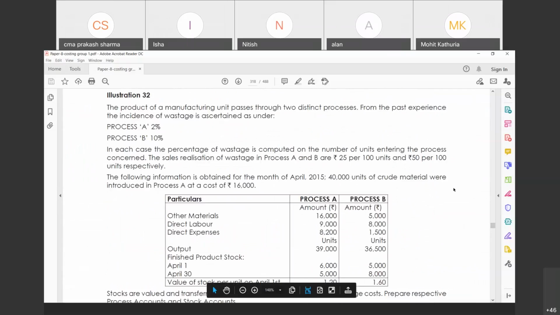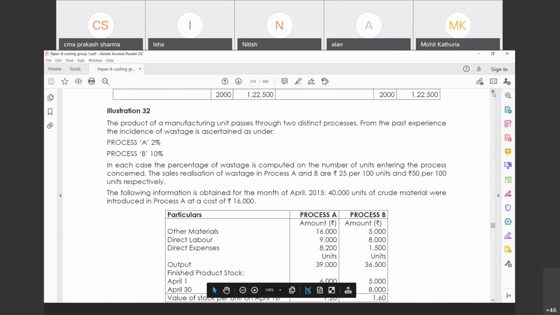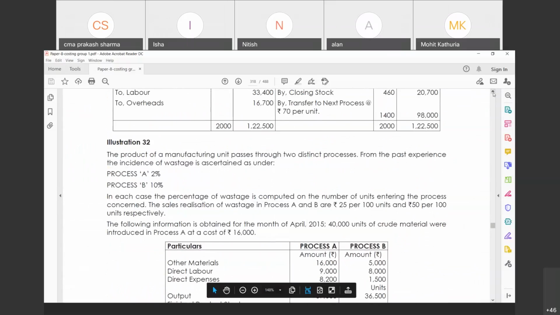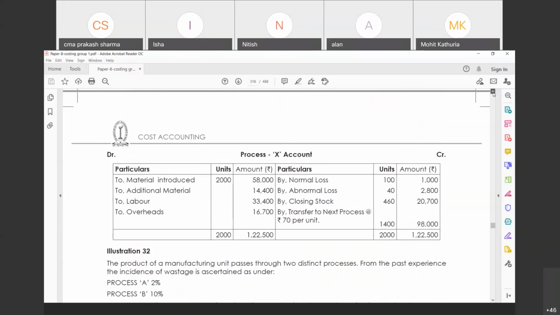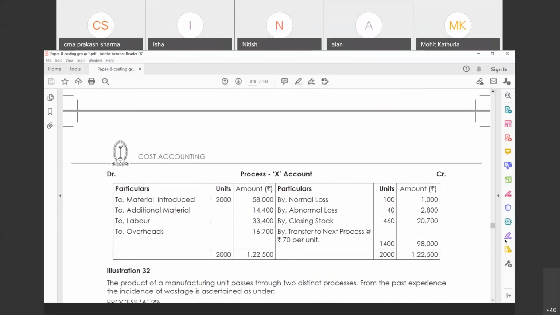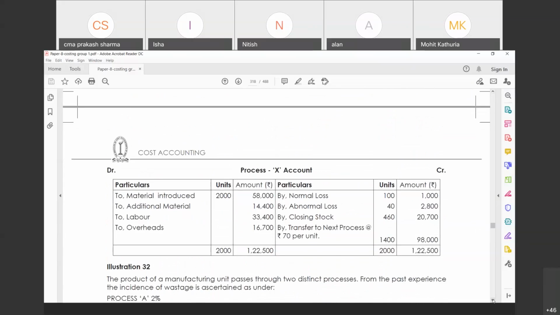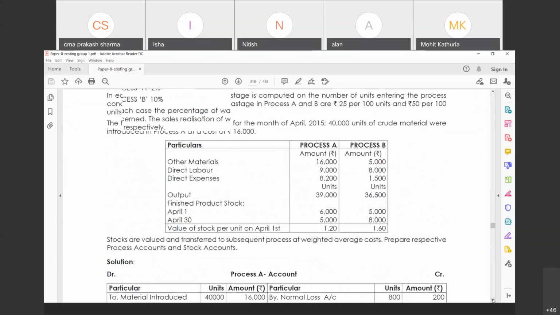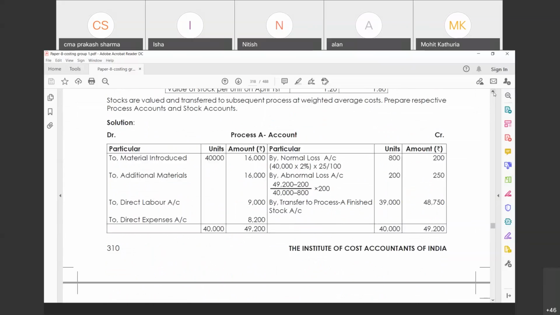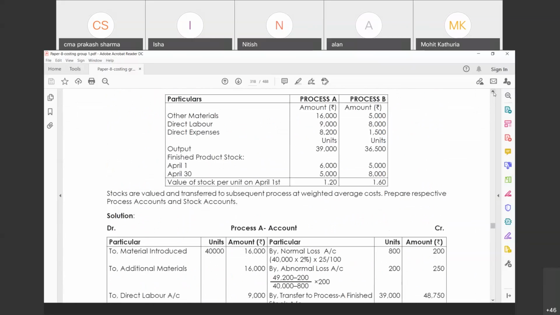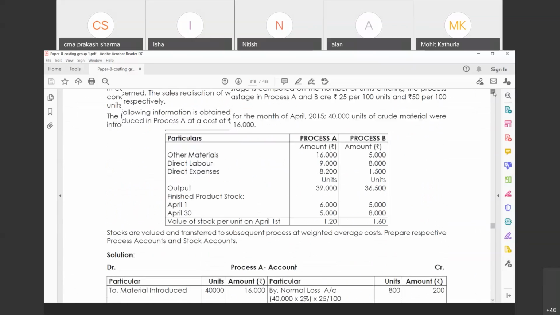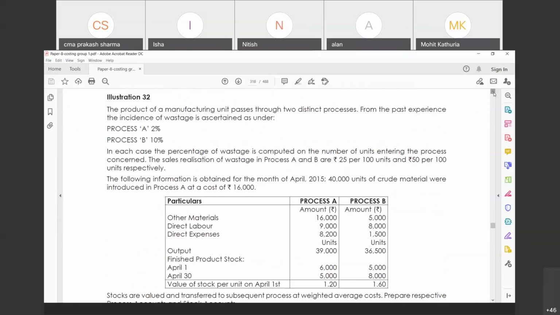Yes, here it is. It is actually illustration number 32. Okay, sir. So what is the page number? It is on page number 310. Okay, students. So a similar concept has been used in this question, which is illustration 32.